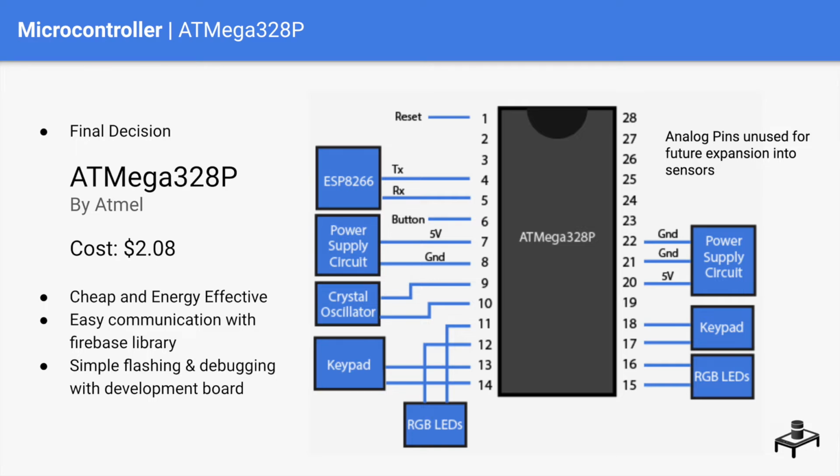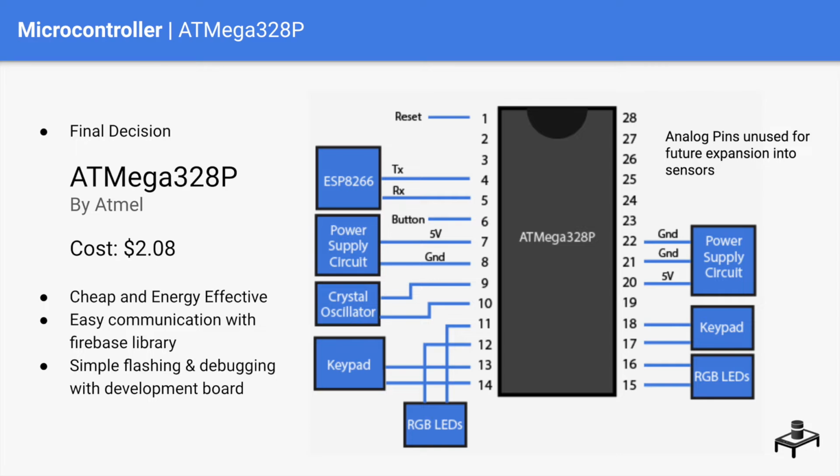Pins 7 and 20 are used for power supply input voltage, while pins 8, 22, and 21 are used for ground. Pins 9 and 10 are used for the 16 MHz crystal oscillator required for the microcontroller.